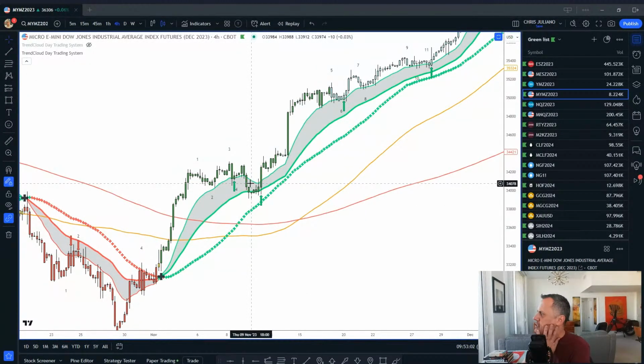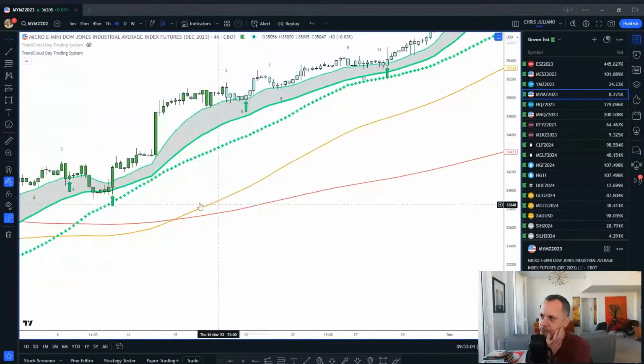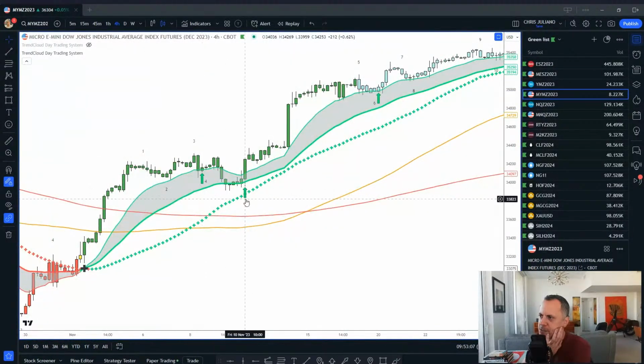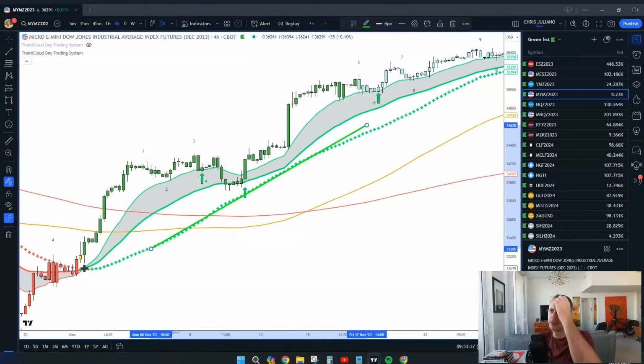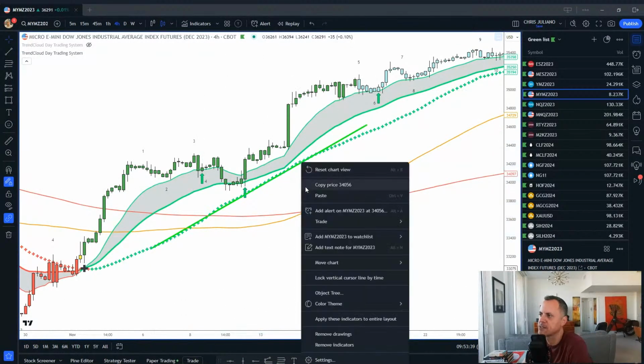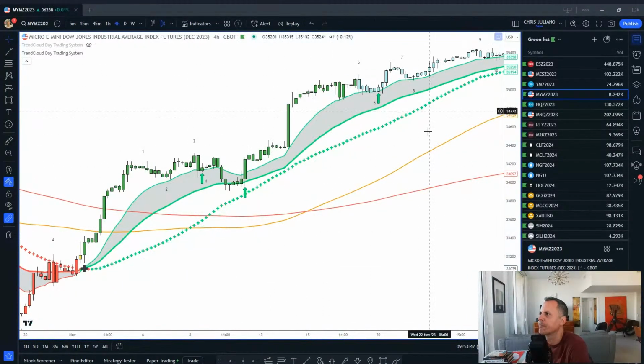But notice how these TrendCloud signals are taking place either inside a green trend cloud or above that line in the sand, right? This is our line in the sand between up and down. They're all taking place above the trend cloud, inside the trend cloud, or above the trend cloud line, right? Above that 50. That's when these signals work the best.